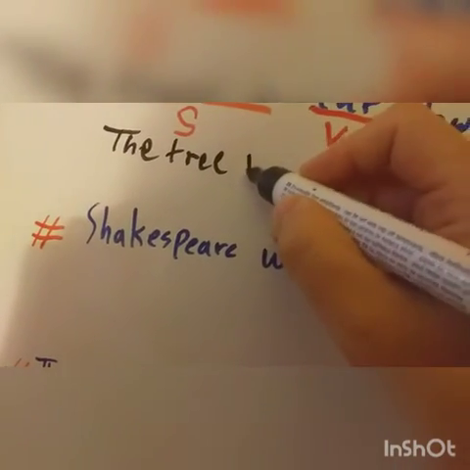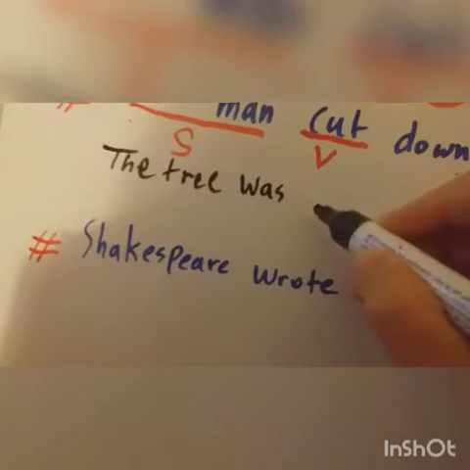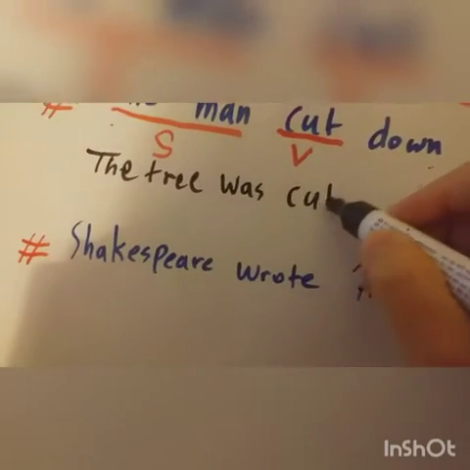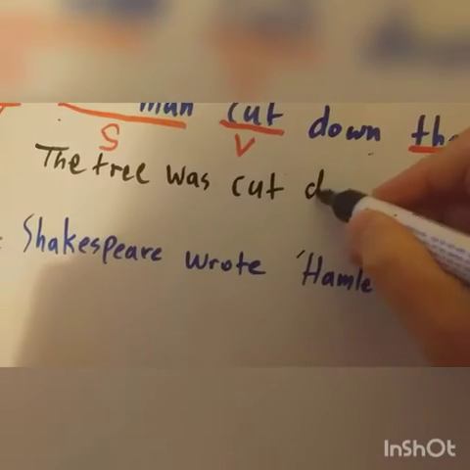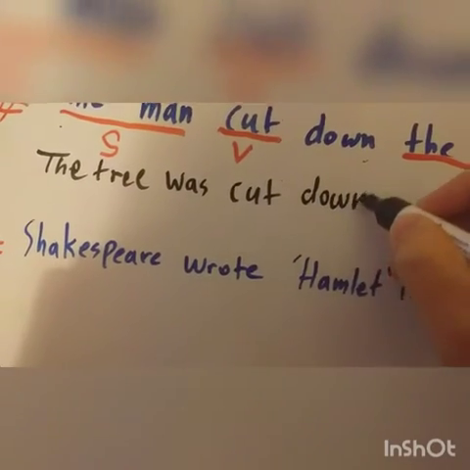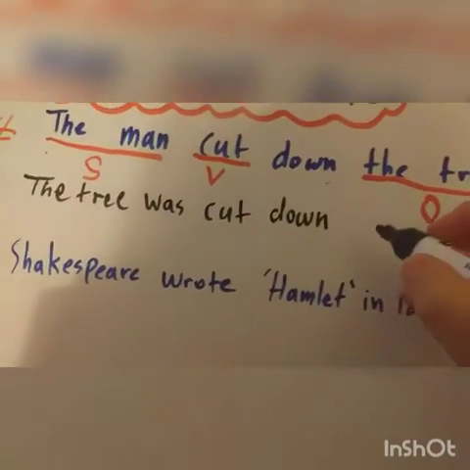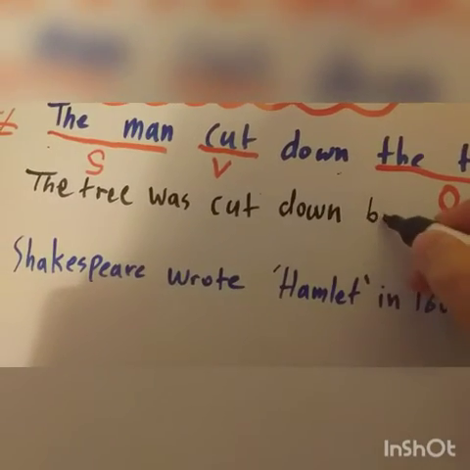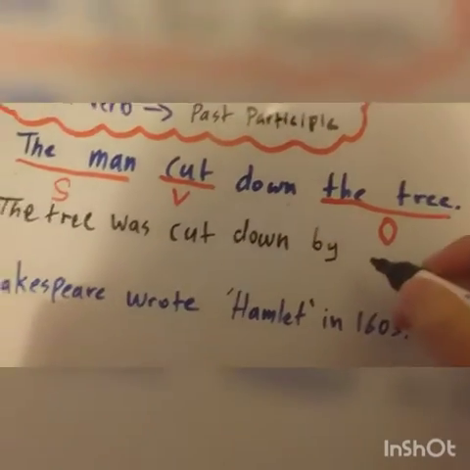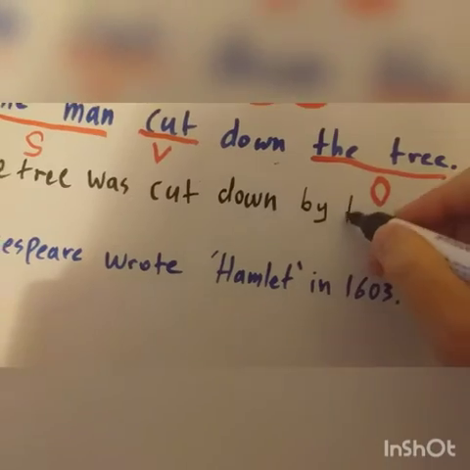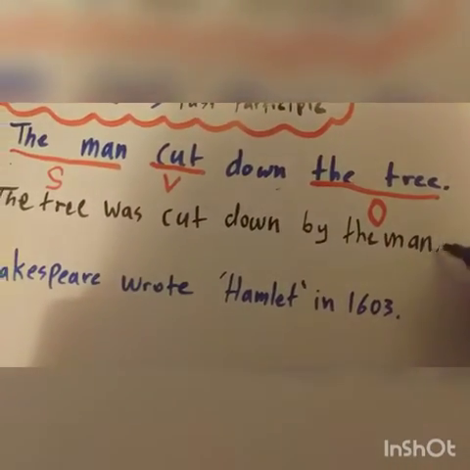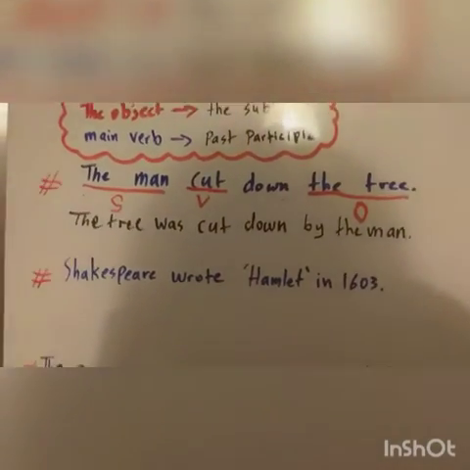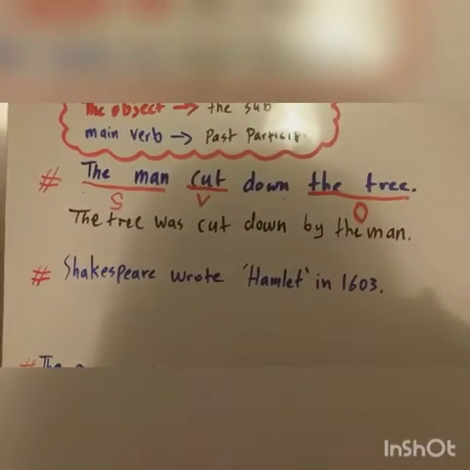The tree was cut, the past participle form of the verb cut, down. The tree was cut down, and if you want to mention the agent, which is the subject, by the man. The tree was cut down by the man.